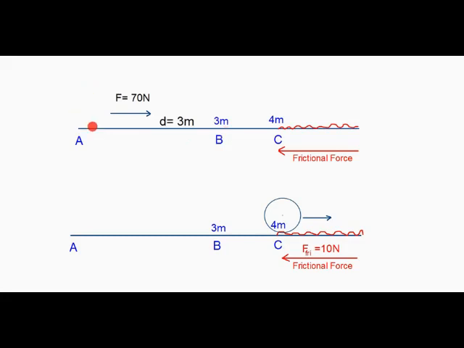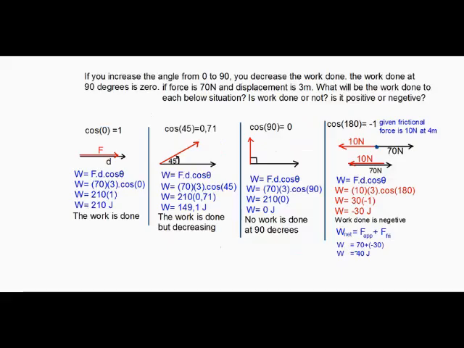There's no frictional force from point A to point B. Then it means there is no angle between the force and the displacement. They are parallel to each other.